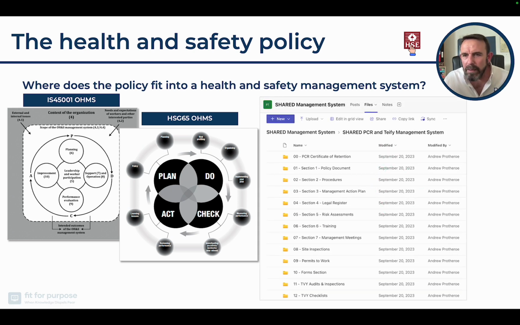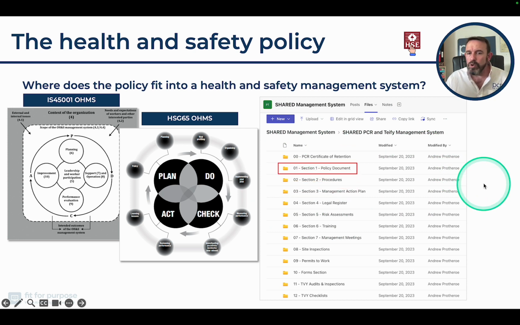But ultimately, when that policy is implemented through the system, that system is going to have many, many outputs. So you can see in my management system that I've shared with the client, section 1, the policy document. What people often think of is just that policy statement of intent.